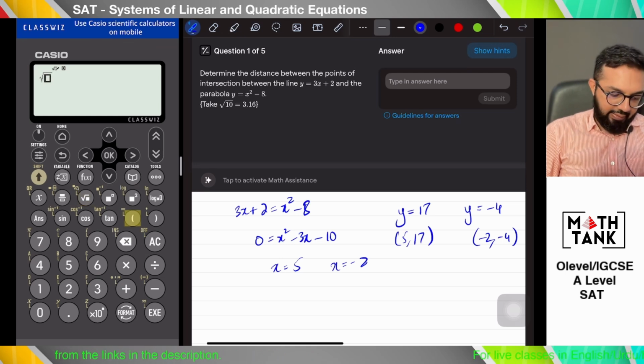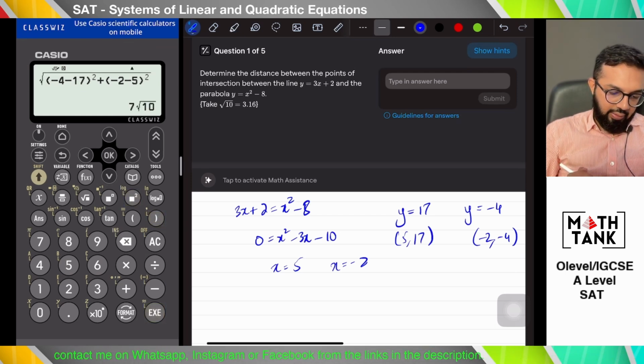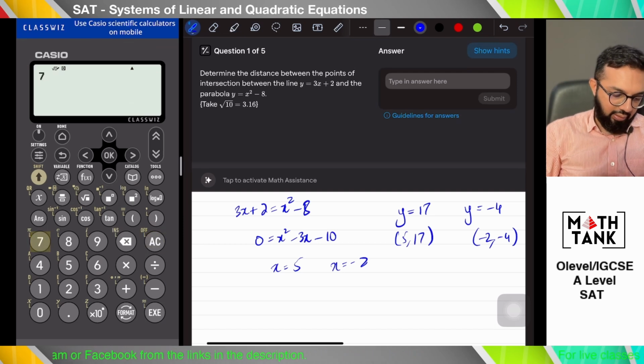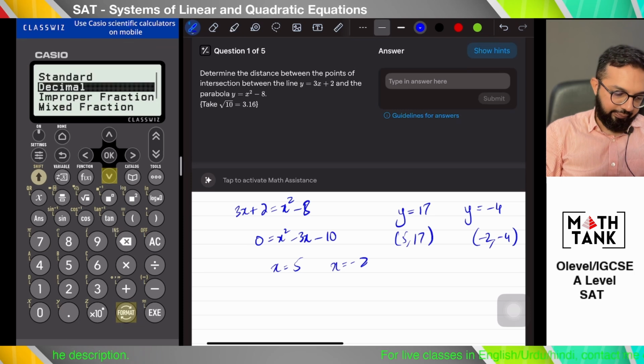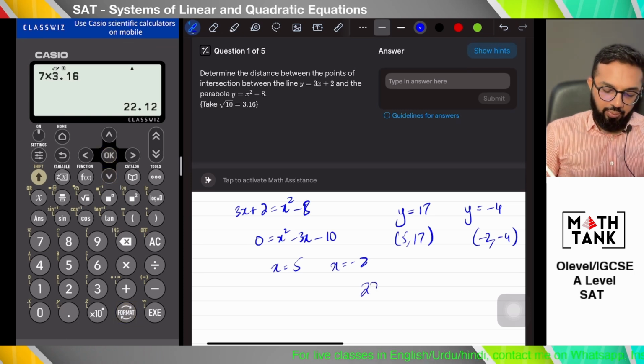Let's do this. Minus 4 minus 17 squared plus minus 2 minus 5 squared. 7 root 10. So 7 into 3.16. 22.12.